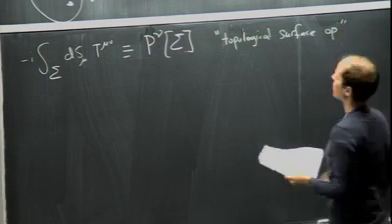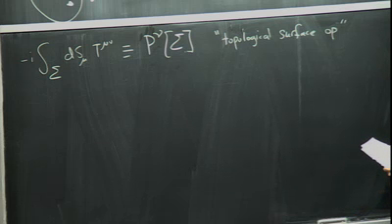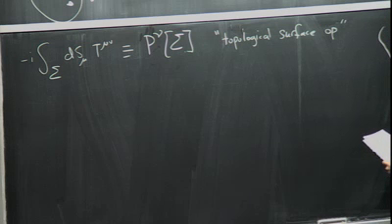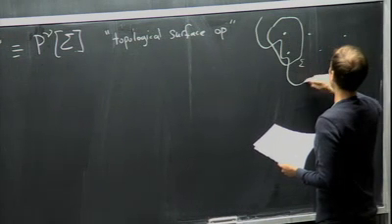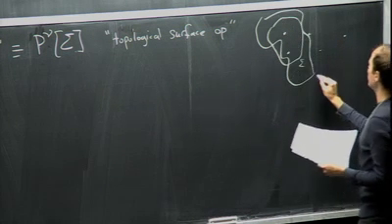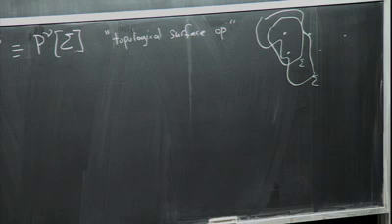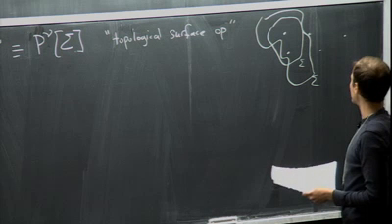Okay, so if you have a bunch of local operator insertions, you can insert P of sigma into the correlation function and compute something, or you can compute it with some other surface sigma that encloses the same operators, and you'll get the same answer. So it just depends on the topological class of this surface.